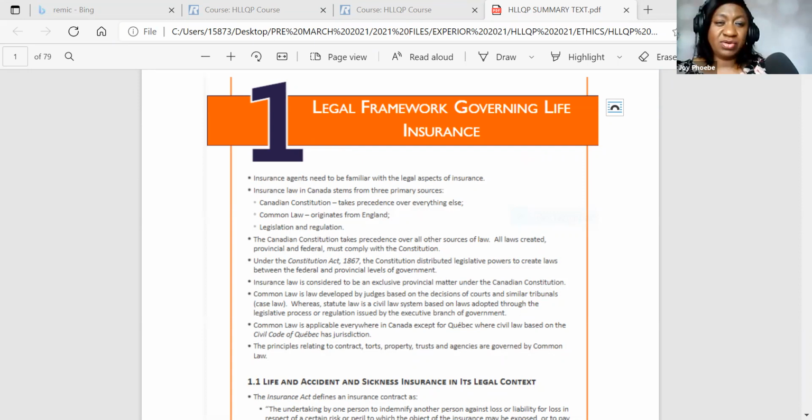If you have any questions as we continue, feel free to let me know. Now, accident and sickness insurance also covers long-term care needs. It covers critical illness, prescription drugs, and accidental death. It also covers accidental dismemberment, which constitutes the loss of some body parts.